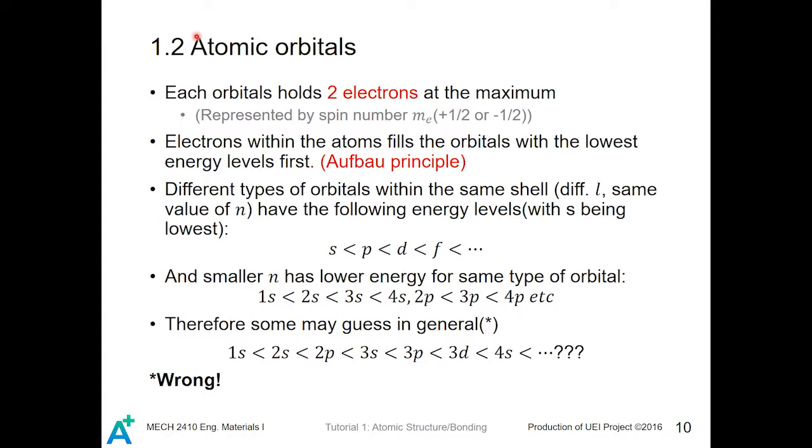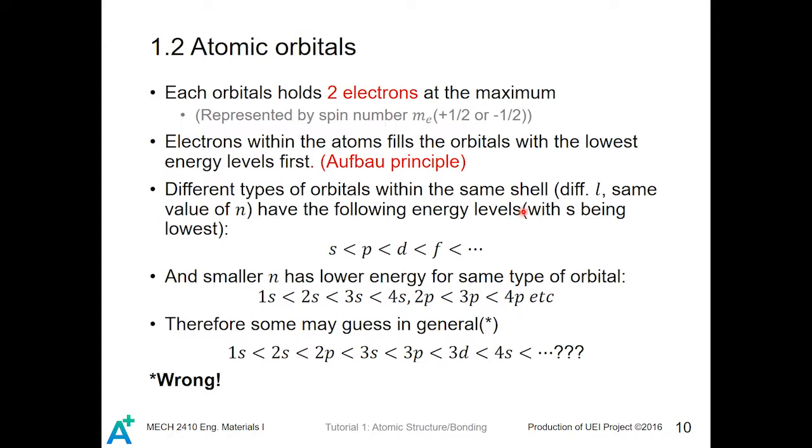It can hold two electrons at the maximum, which is represented by the spin number m_s, which can be plus 1/2 or minus 1/2. And if you want to know why, you need to take quantum mechanics.